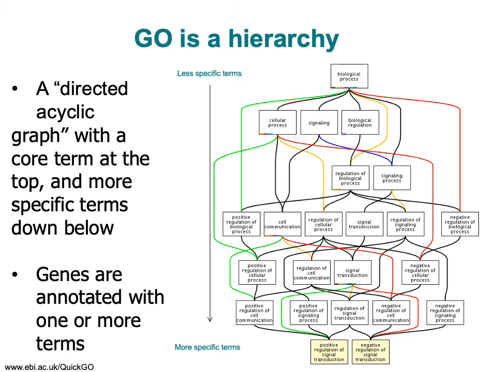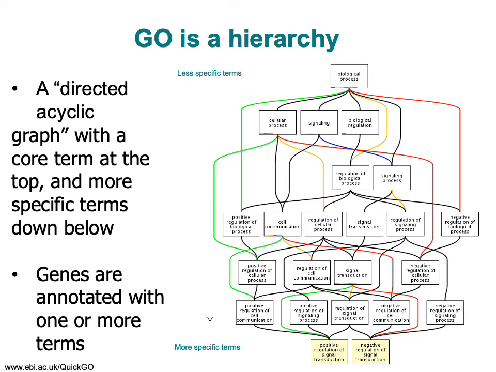Underneath each one of these three core terms, the molecular function, biological process, and cellular component, GO is basically a hierarchy of terms, or more formally, what's known as a directed acyclic graph. With the exception of the three core terms, every annotation within gene ontology has some kind of parent.